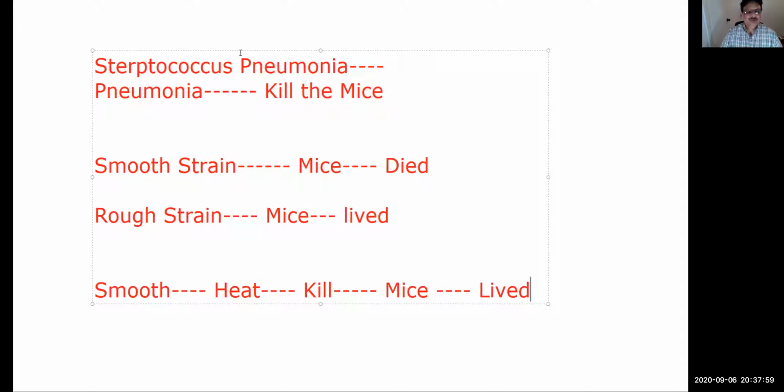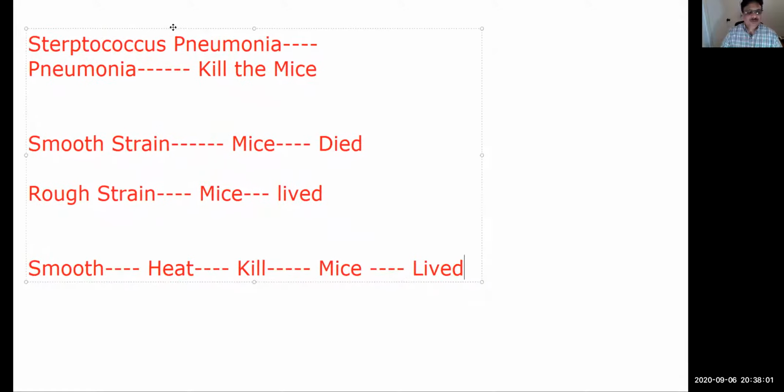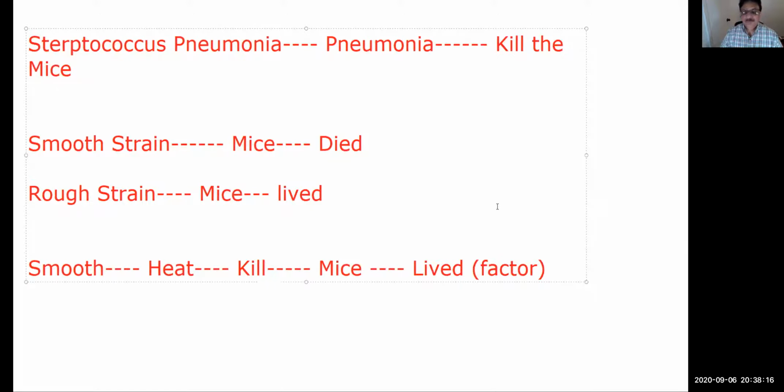What does this suggest? This experiment suggests that there was some factor in the cells of smooth bacteria that is responsible for causing the disease, pneumonia, in the mice.